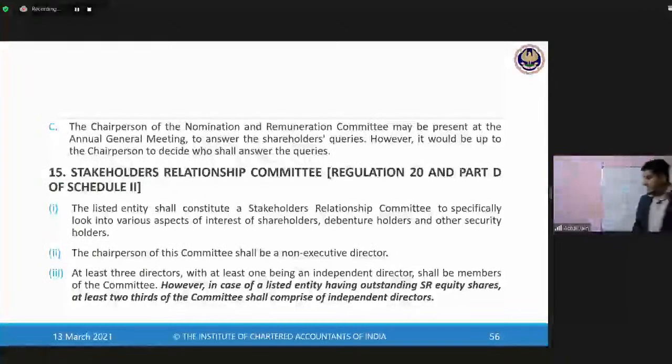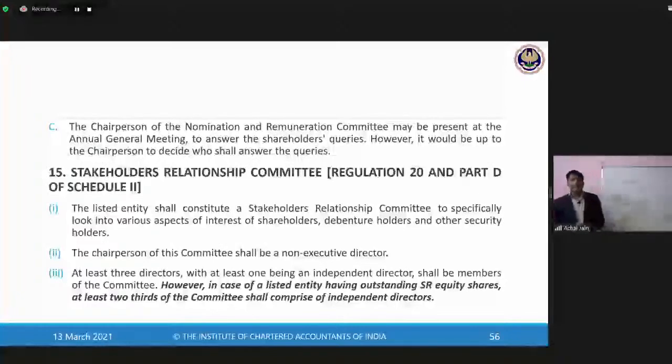Now in case of listed companies, committees do not come to an end, and that's why for a listed company, there's a big list of compliances which are required to be complied with throughout the year. Stakeholders Relationship Committee. So let's understand what is this committee.